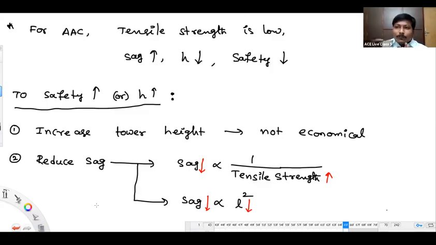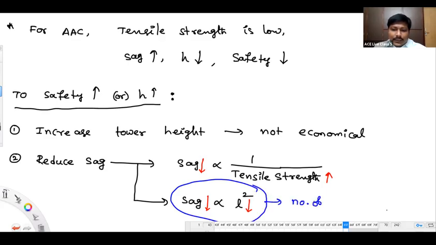But the problem is, if you are reducing the distance between two towers, definitely the number of towers required in the transmission line run will be more, and obviously the cost of the system is going to increase. I think all of you are getting this point, all clear? Sag is proportional to span length square. By means of this, the number of towers required will be high.